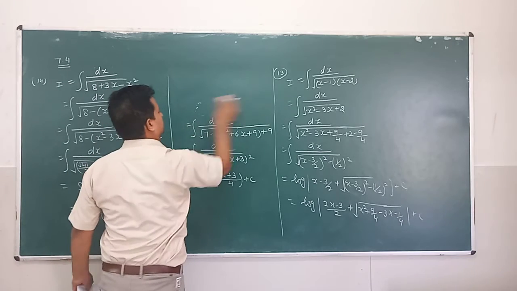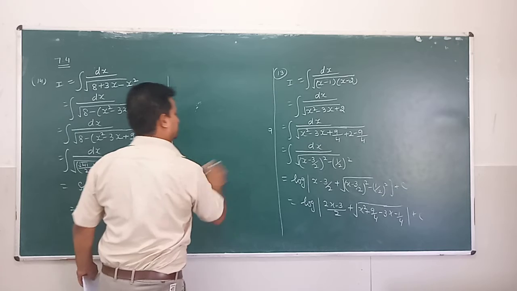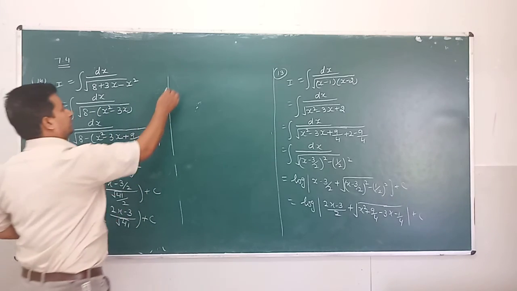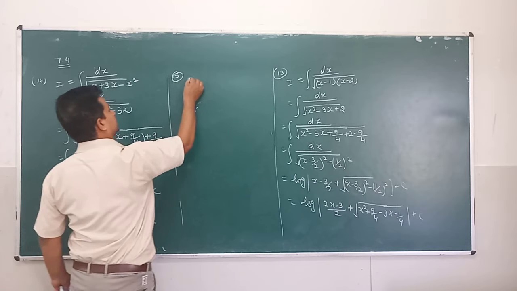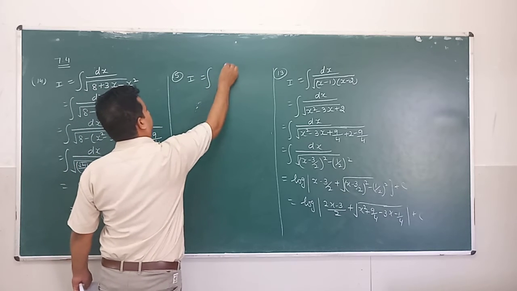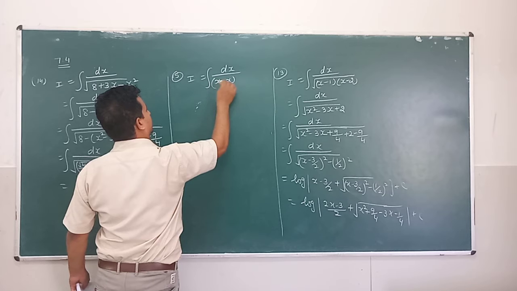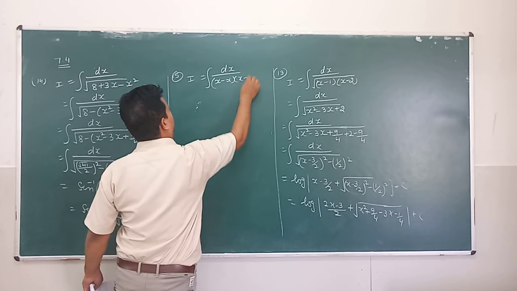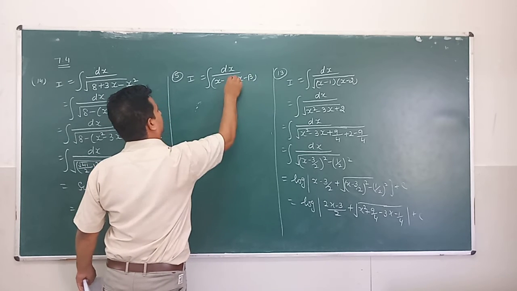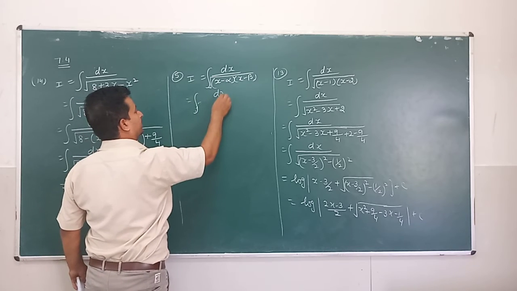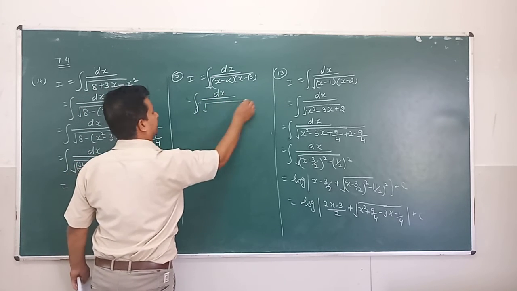In the next question, question number 15, the statement is I equals integral of dx upon square root of x minus alpha into x minus beta. So for solving this, first we multiply.